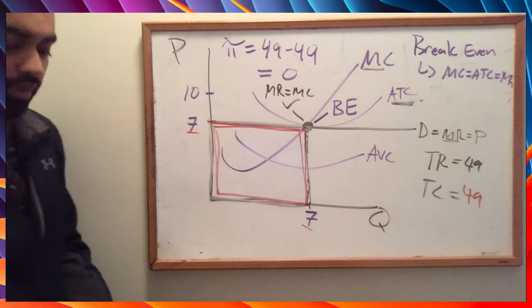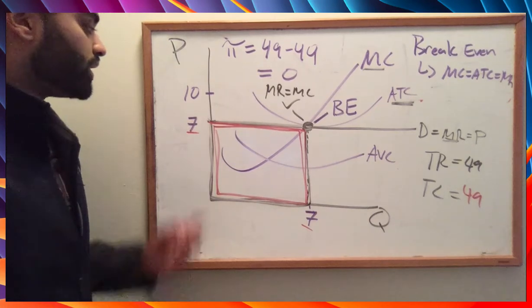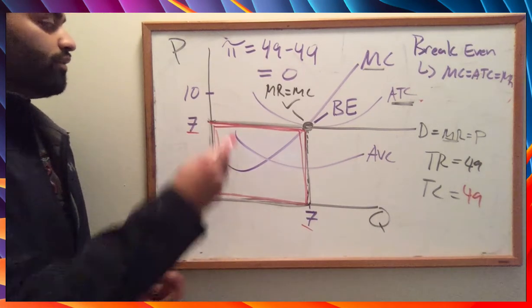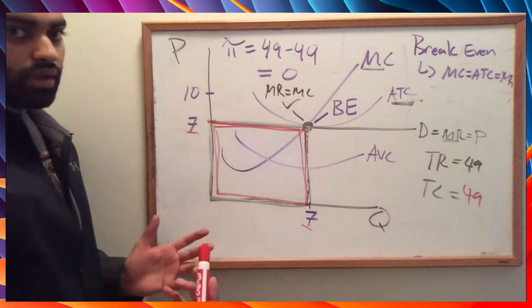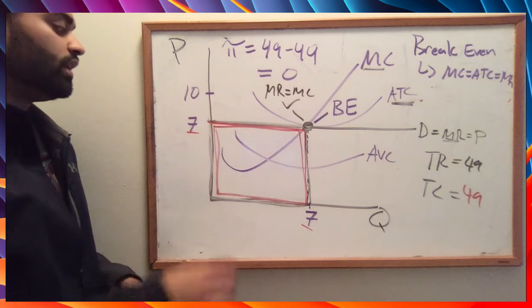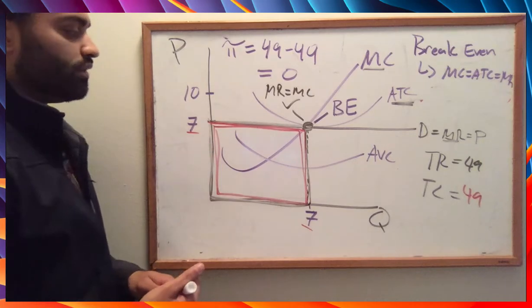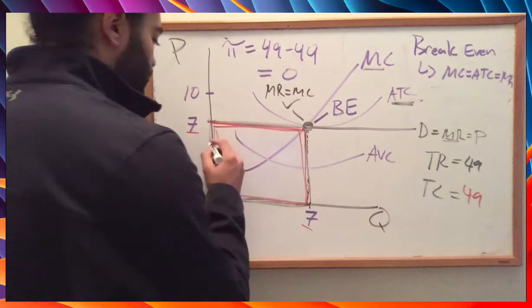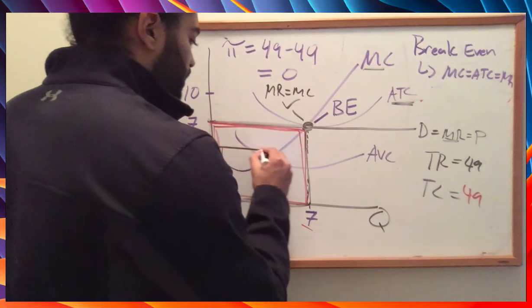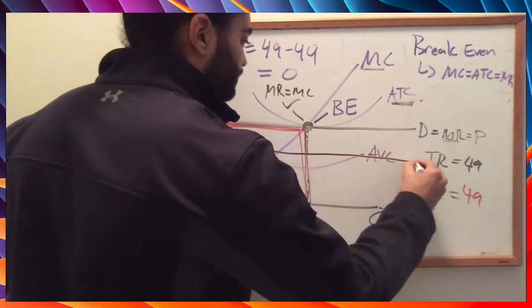Now, if we were to think about it, if we reduce the price below 7, so if you're above 7, you're making a profit. If you're at 7, you're breaking even, so 0 profit. If we were to go below 7, so let's just say our new price was here.